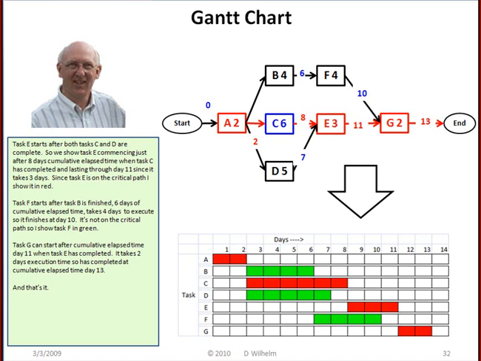Task F starts after task B is finished, 6 days of cumulative elapsed time, takes 4 days to execute, so it finishes at day 10. It's not on the critical path, so I show task F in green. Task G can start after cumulative elapsed time day 11 when task E has completed. It takes 2 days execution time, so has completed at cumulative elapsed time day 13. And that's it.